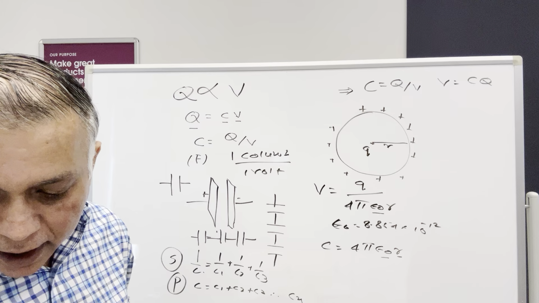And if it is connected in parallel like this, then C is equal to C1 plus C2 plus C3 all the way up to Cn. So another formula to consider: when capacitors are connected in series, 1 over C, the resultant total capacitance, is 1 over C1 plus 1 over C2 plus 1 over C3. And if they are connected in parallel, then the resultant capacitance is C1 plus C2 plus C3 plus Cn, right? That is another formula to remember.